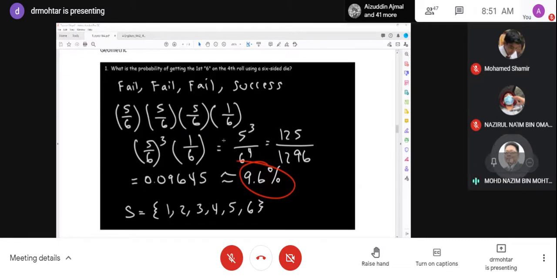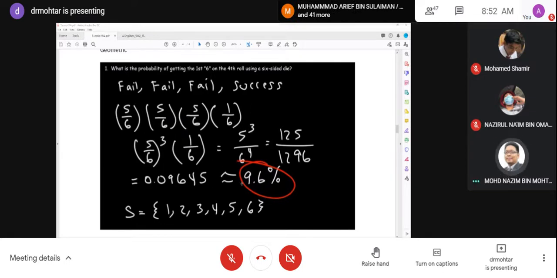Right. So if we are going to do 4 trials, 1, 2, 3, 4, we are going to get a 6 at the fourth trial, right? So of course, only the fourth time is a success. You get fail, fail, fail. The probability of fail is 5/6, right? So three failures, and the last one is a success. So the success is 1/6.